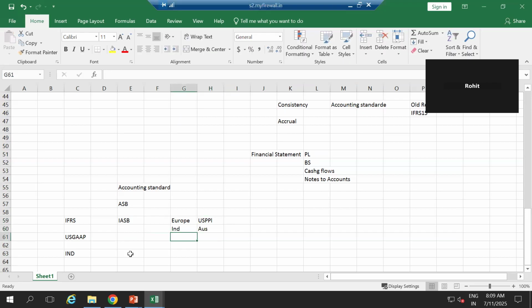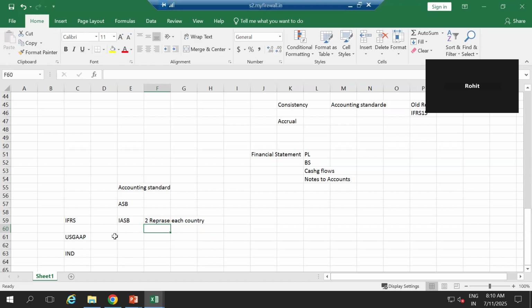No, right? So the International Accounting Standard Board will have representatives, 2 from each country. These representatives will sit together along with the rest of the team and try to form an accounting standard which is the best for everybody.